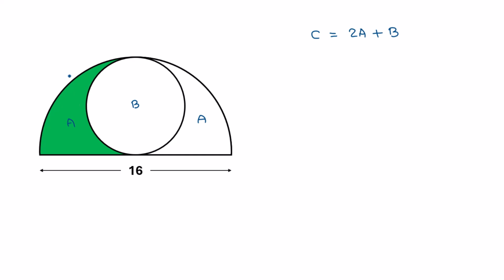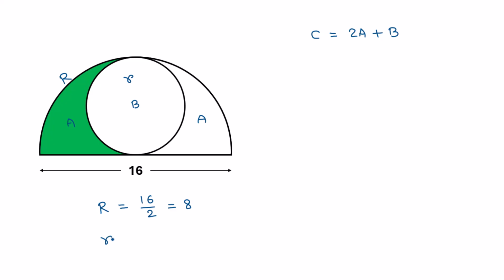Now, if the radius of this big circle is capital R and the radius of this small circle is small r, then R will be, as the diameter is 16 units, 16 divided by 2 is equal to 8 units, and the radius of this small circle is half of the radius of the big circle.